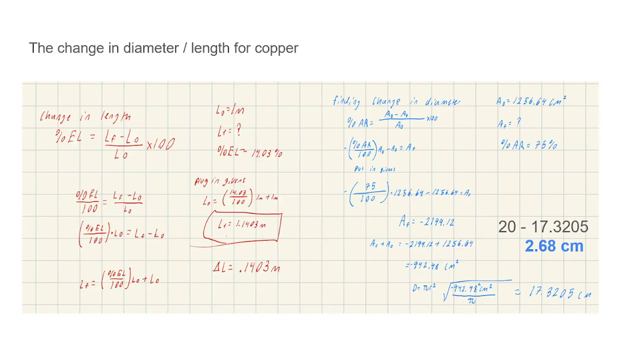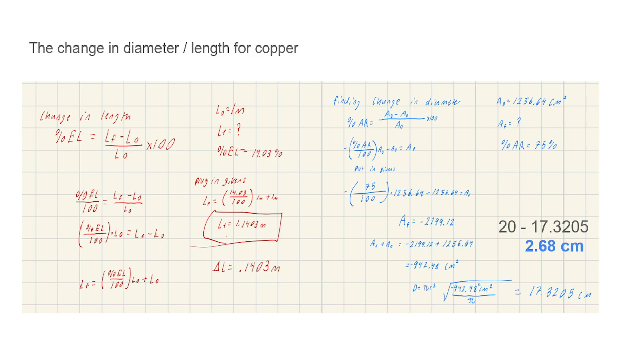So this is for question number 7, finding the change in diameter and the change in length for the copper sample. For this example, we used the percent elongation formula and the percent area reduction formula to find our final and initial lengths. We were given for copper the original length of 1 meter.